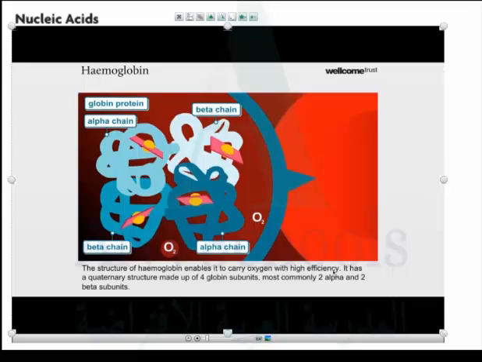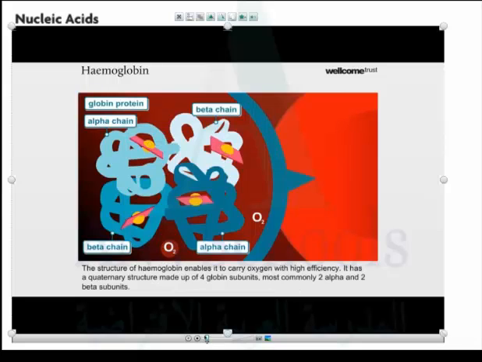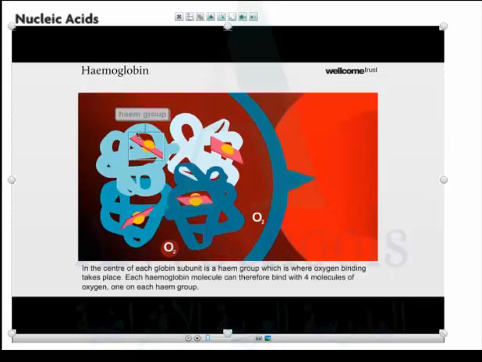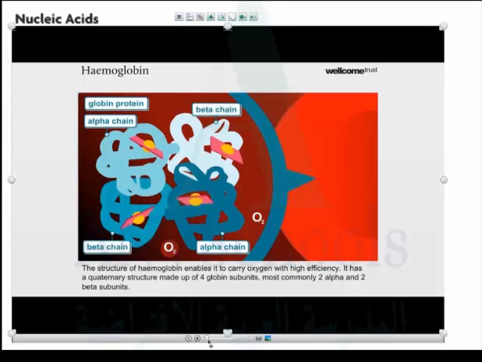So it has a quaternary structure and is made of 4 globin units. We can't go into these details, but you can see the structure that I wanted us to see here, that normally the alpha chain of the protein will have these sites.